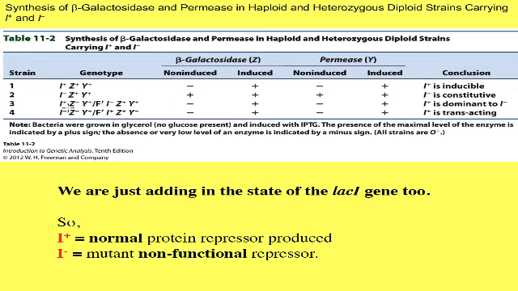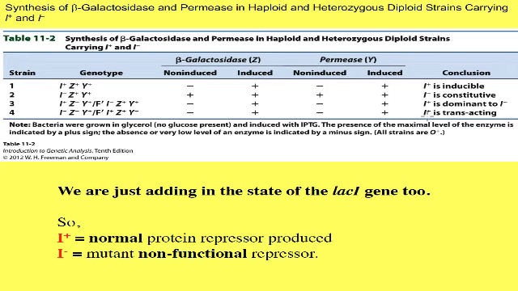We know that the normal gene produces protein that works perfectly normally. It can bind to both the operators on the chromosome and on the plasmid. Even though the plasmid itself is broken, the product of the normal I gene on the chromosome is able to transmit itself across the cell through the trans factor property and bind to both operators.